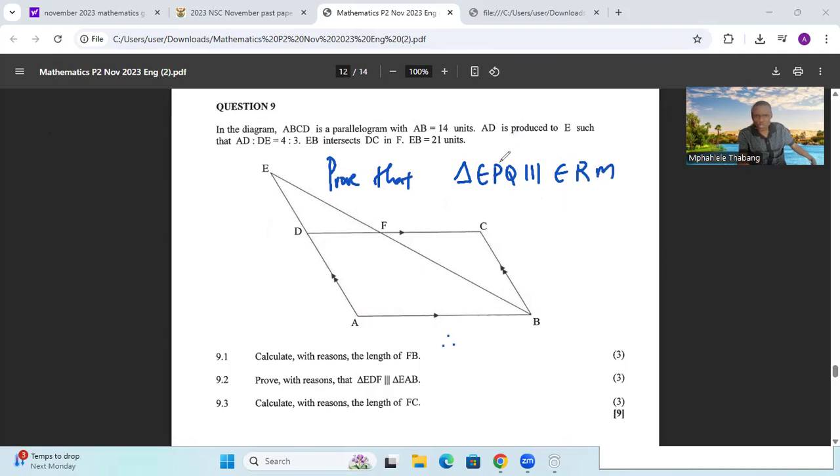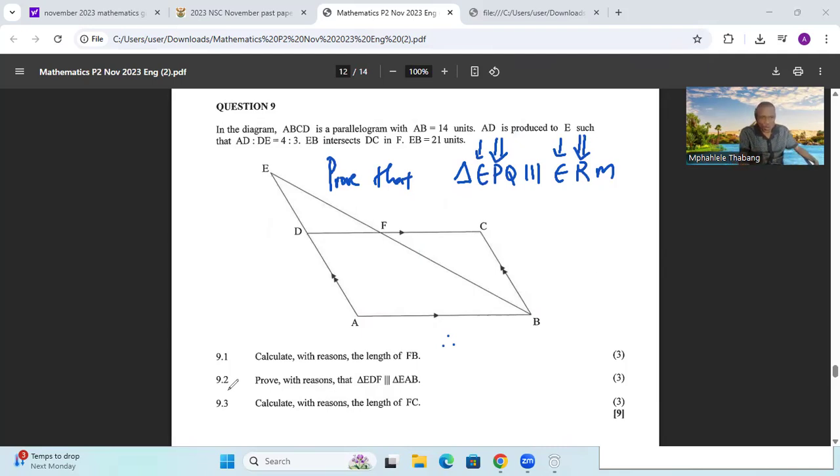What you have to do is check if angle E is equal to angle E here. And you have to check if angle P is equal to angle R here. Once you get two angles that are equal, you are done. The third one, you just state it. So it's easy, guys, to prove that two triangles are similar. You just focus on the equality of angles. You just show us the angles that are equal.